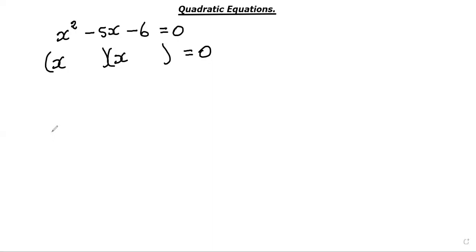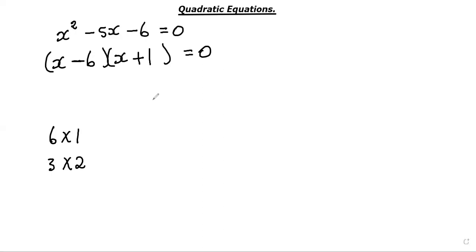So for 6, we can have 6 times 1. We can also have 3 times 2. But in this case, the correct factors to use are 6 and 1. Now, the bigger number takes the sign of the middle term. So if 6 is negative, in order for us to get a sum of -5, then it means the 1 has to be positive.